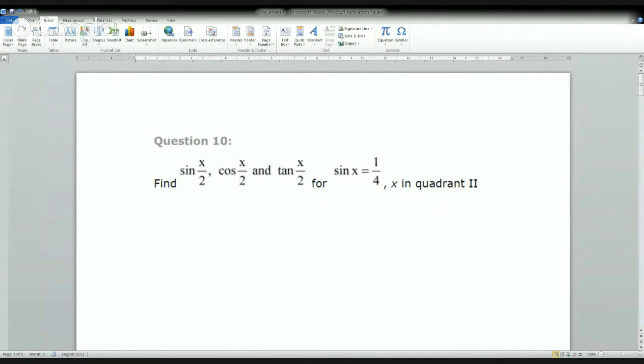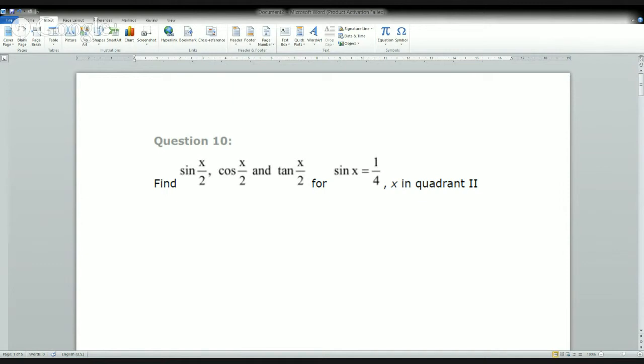Okay, so we are given sine x is equal to 1 by 4, x is in the second quadrant, which is over here is x. Here we know sine is positive and the rest are all negative. So the x range is greater than pi by 2 but less than pi.